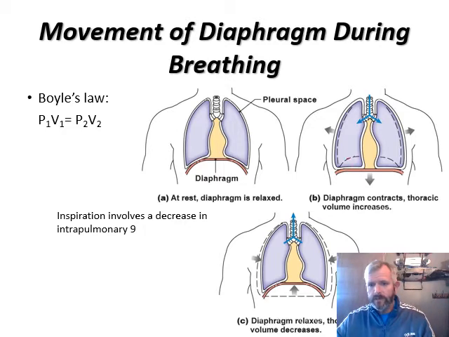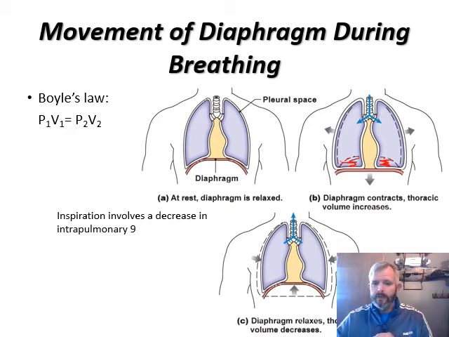The lungs were originally here, and as the diaphragm contracts, it pulls the lungs down, and now we have added volume to the lungs. As volume goes up, what happens to pressure? Pressure goes down. Lower pressure in the lungs than in the environment, so air can move in. That gives us our inspiration.